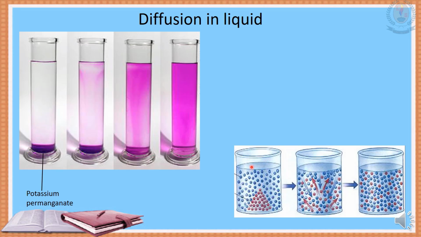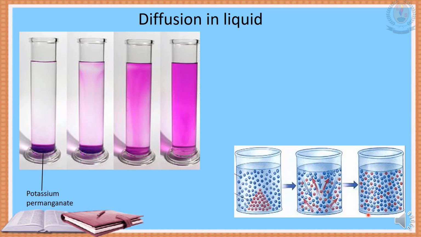Water particles come down, the potassium permanganate goes up, like that they are moving in every direction, and these particles gradually move up, and the water particles come here and mix with it.